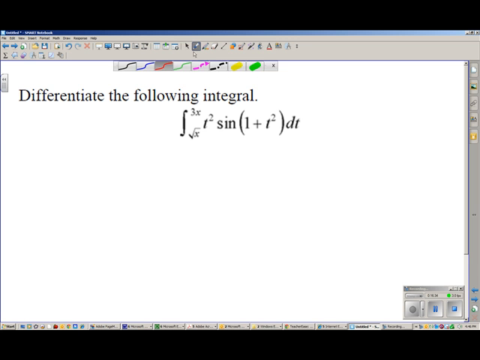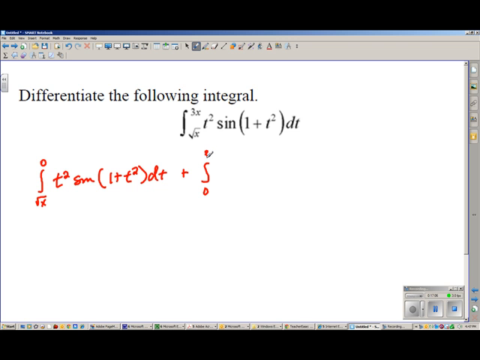In this particular case, what we can say is, let's take this integral and start at radical x and go to 0 and work with t squared sine of 1 plus t squared dt, and then add to it, and now we want to start at 0 and complete it to 3x, and again it'll be t squared sine of 1 plus t squared dt.